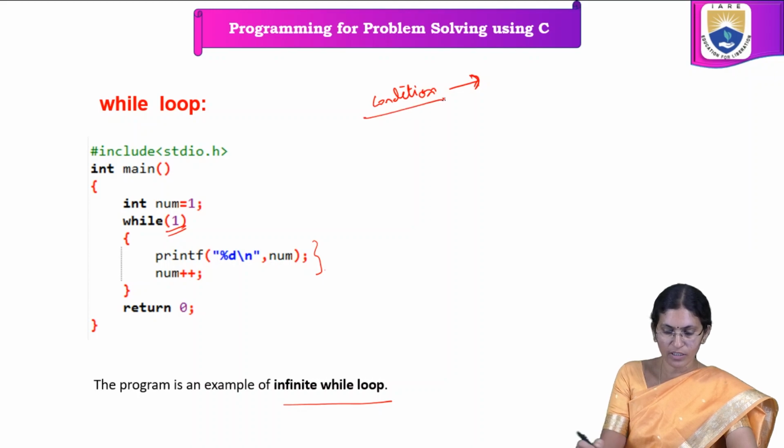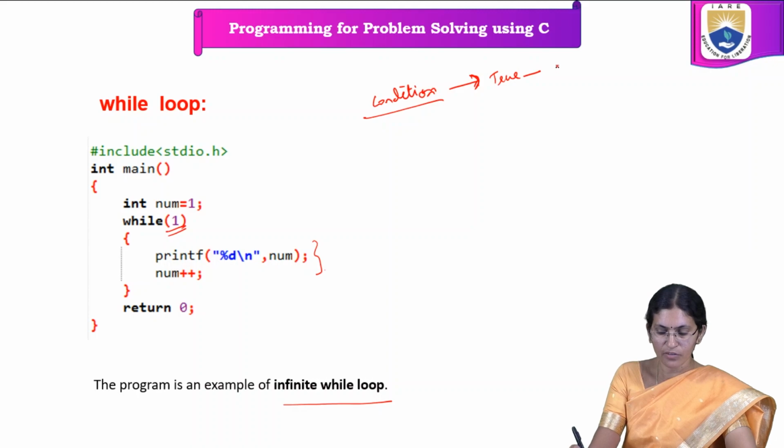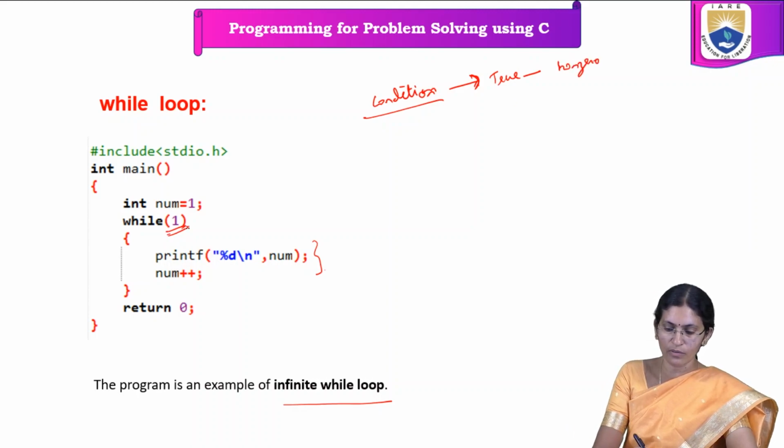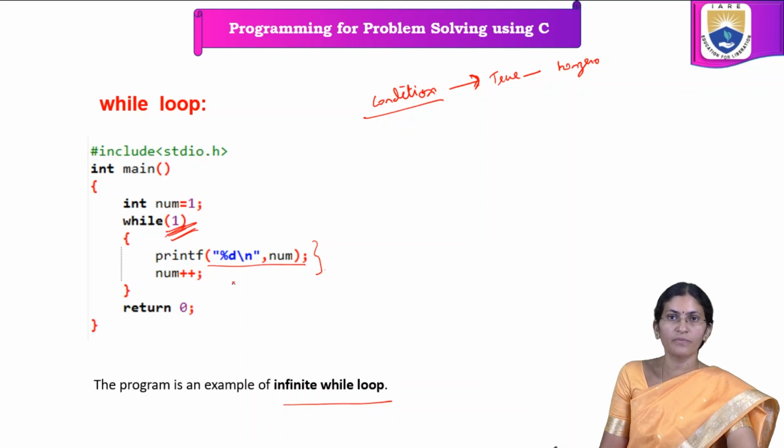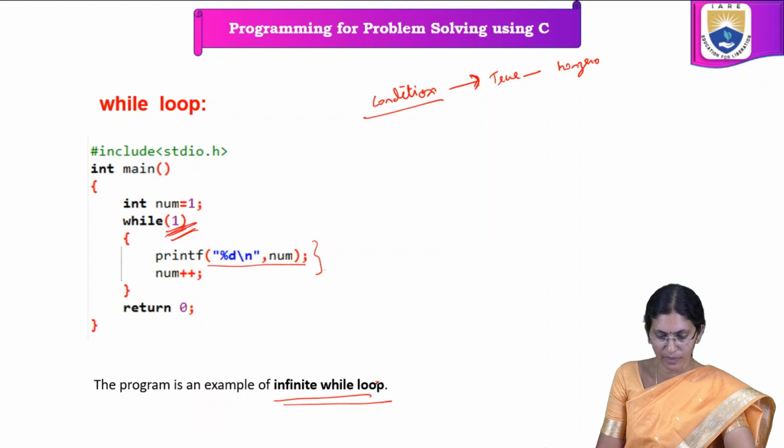True in the sense it evaluates to a non-zero value. 1 is a non-zero value, so this becomes always true. Therefore this line will be executed an infinite number of times. So this is also an example of an infinite while loop.